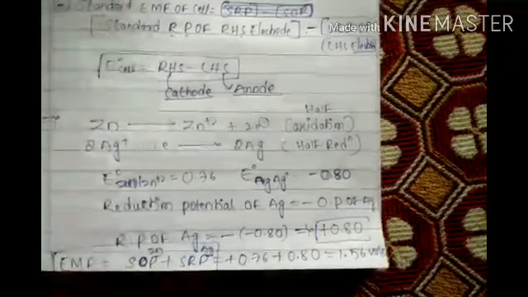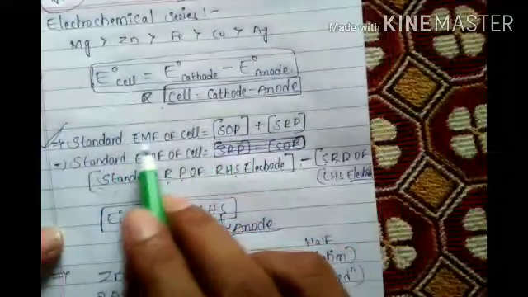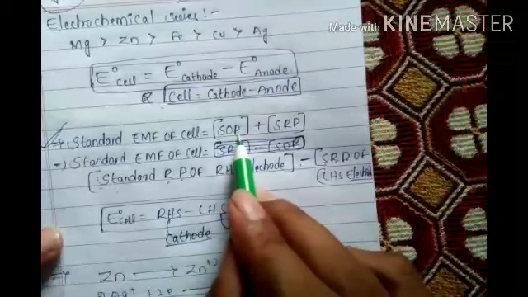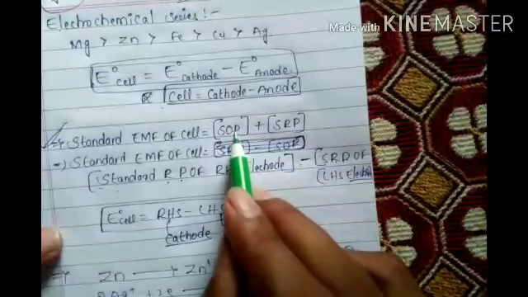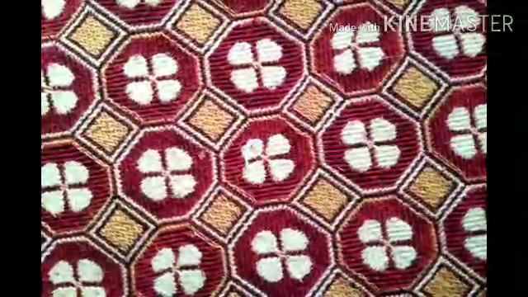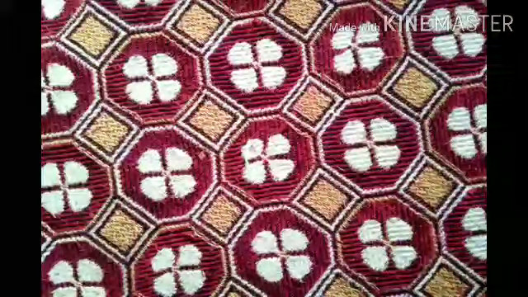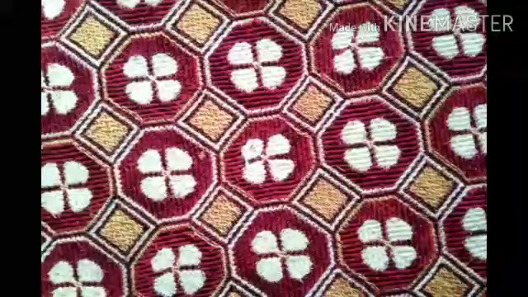First reaction, this one. Standard EMF of cell, SOP of oxidation of cell plus SRP of reduction of cell. Okay, this is the first problem. Shall we go to the second problem? Lot of problems are there. You have to calculate it one by one.